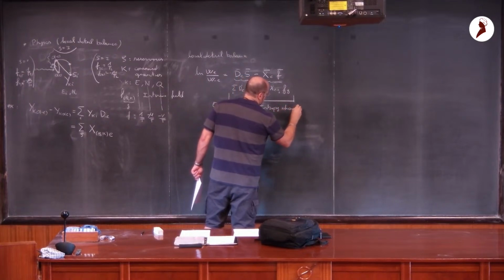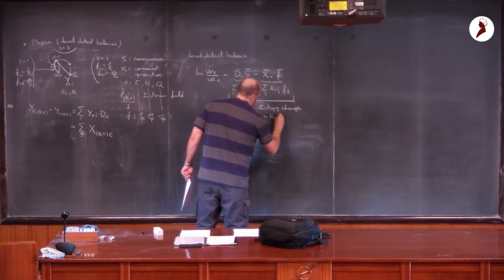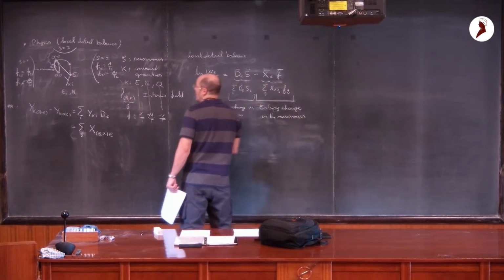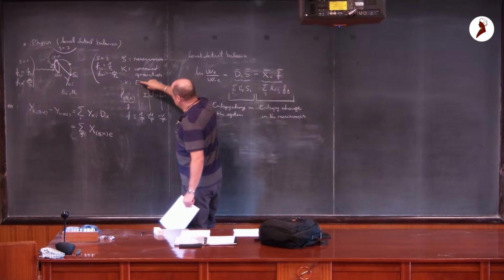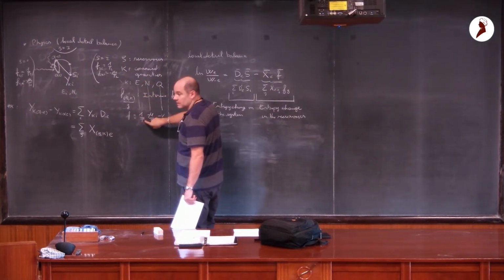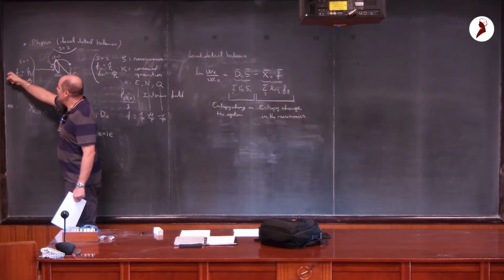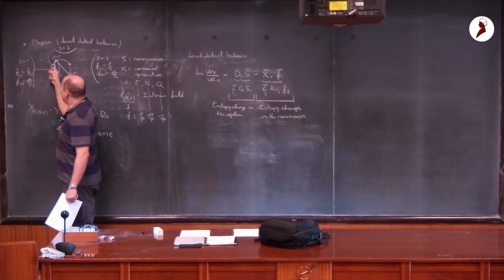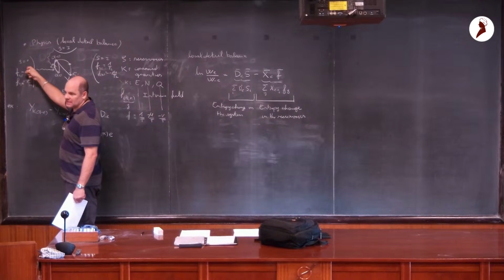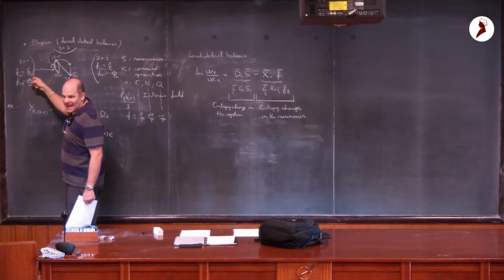And this is what I was alluding to before. This is why I assigned to each extensive quantity an intensive field. So whenever I exchange dE with this reservoir and dN, dS will be 1 over T dE minus mu over T dN.